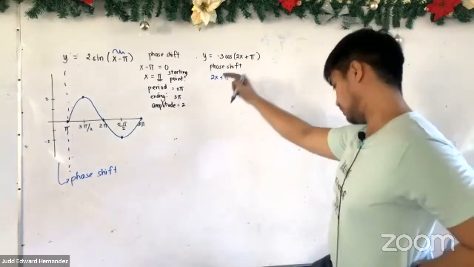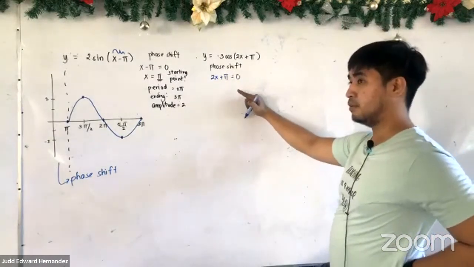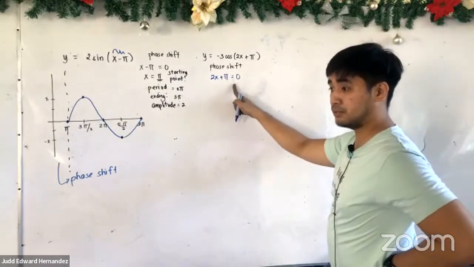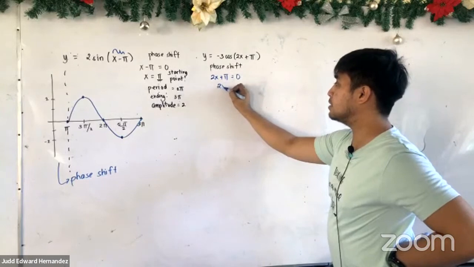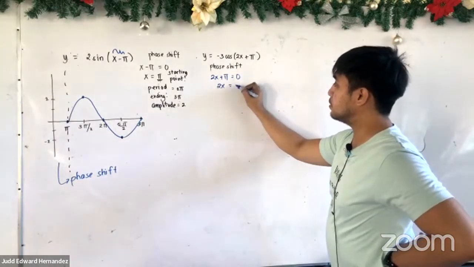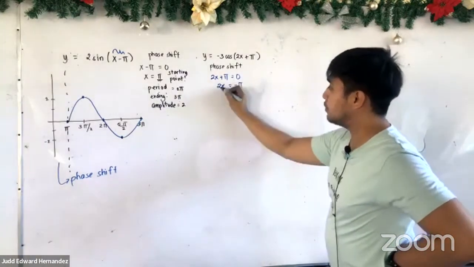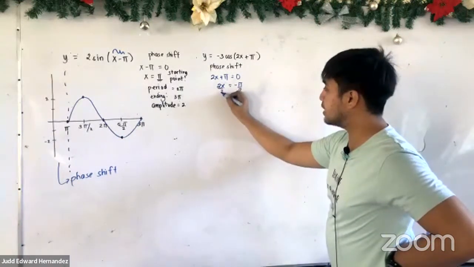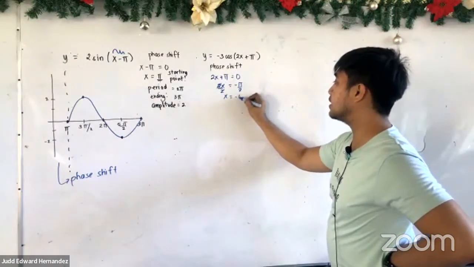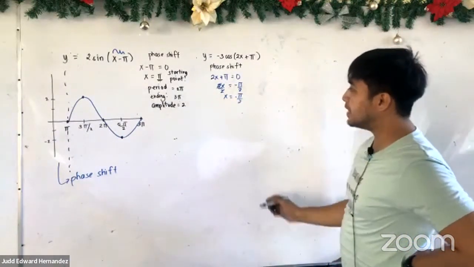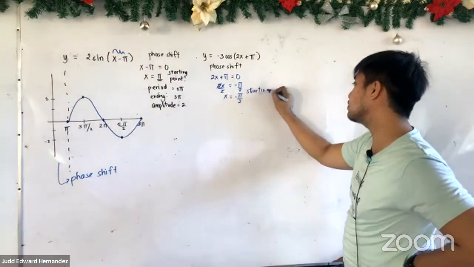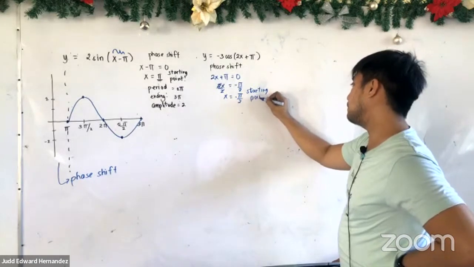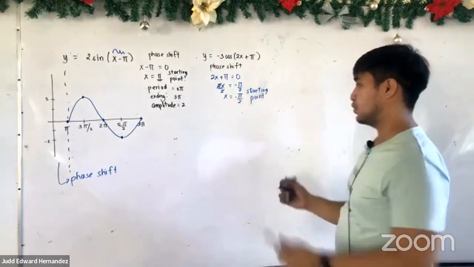Yes or no? Is this correct? Opo, sir. Therefore, this becomes 2x is equal to negative 5. Divide both sides by 2 para sa x lang yung matira. Therefore, x is negative 5 over 2. Ibig sabihin, saan tayo magsisimula? We'll now be starting with negative 5 over 2.